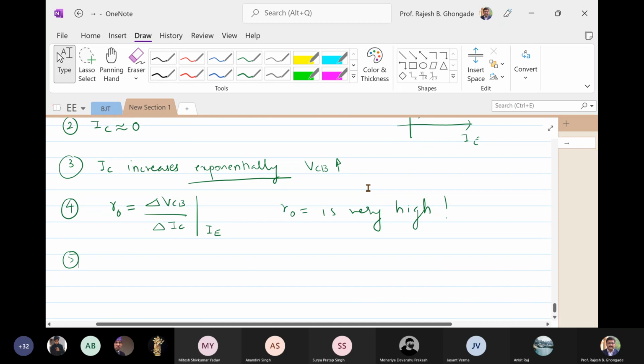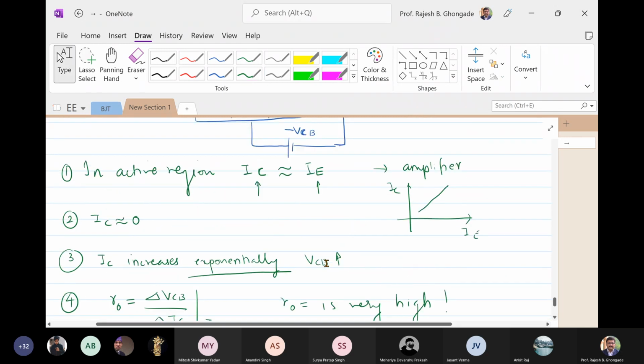Now this is interesting. So IC is almost independent of VCB. This is very surprising and interesting result. It is only dictated by what? IE. जितना emitter current है उतना ही collector current flow होगा, no matter how much you increase the value of VCB. ये बहुत important observation.